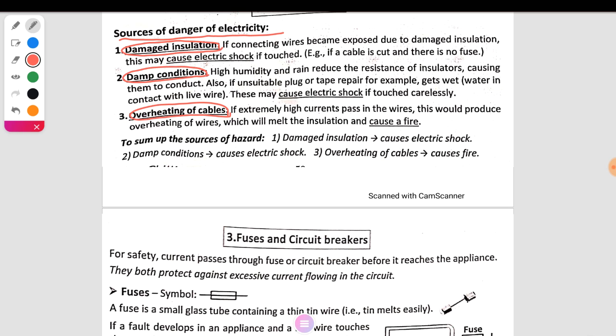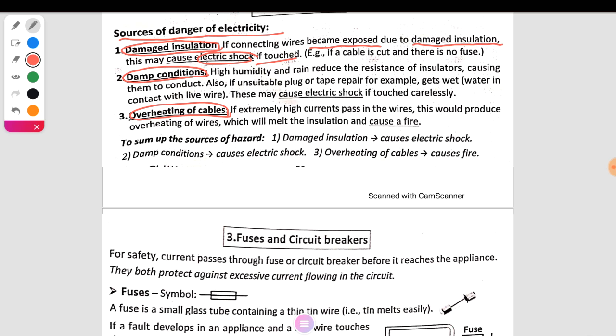Number one, damaged insulation. If connecting wires become exposed due to damaged insulation, this may cause electric shock if touched.